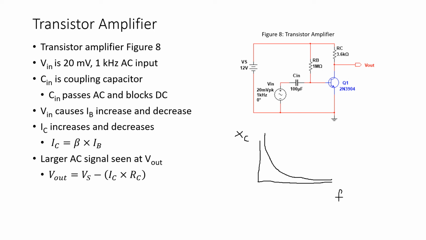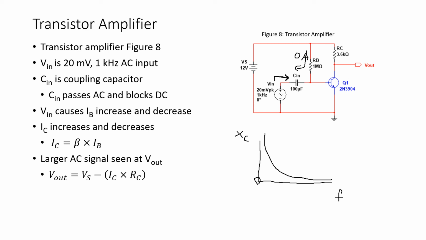So the opposition to current for the 1 kilohertz signal to pass in this direction is very small. However, the opposition to direct current flowing back in this direction is extremely high because 0 hertz is right here. So no DC current can pass to the left, but a large amount of AC current can flow from Vin through to the base of the transistor. And this component, Cin, is called a coupling capacitor.